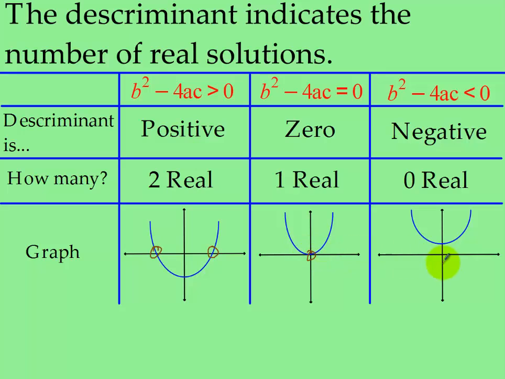So it happens right here, here, and doesn't happen at all for this graph. So when the discriminant is positive, you have two real solutions, and it happens where it crosses right there and there. When the discriminant equals 0, you have one solution, and it's basically going to be at the vertex, because the vertex hits no other points. And when the discriminant is negative, that means you have 0 real solutions. That means the graph never crosses the x-axis.